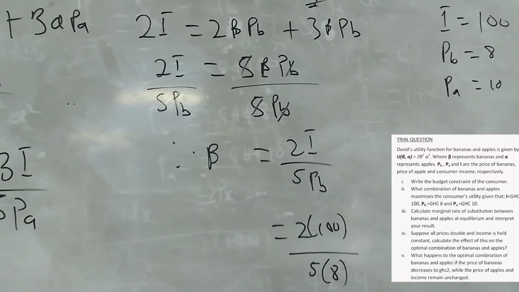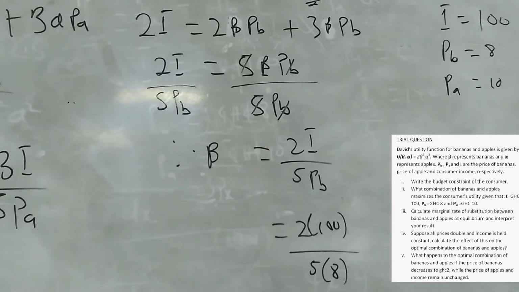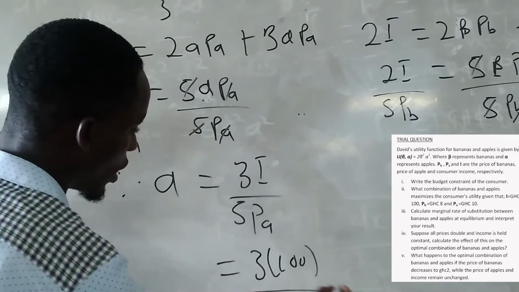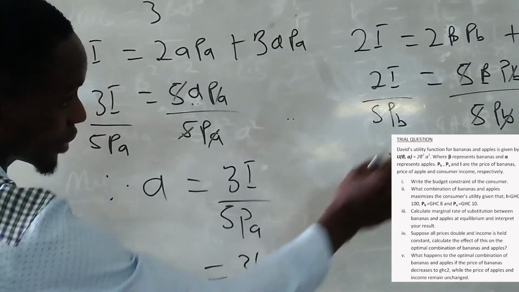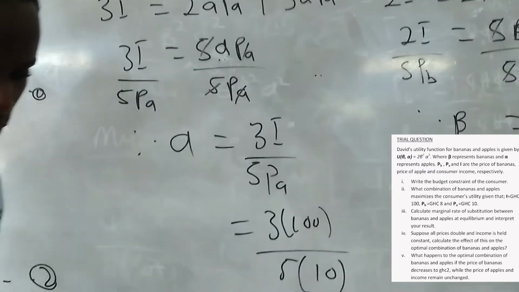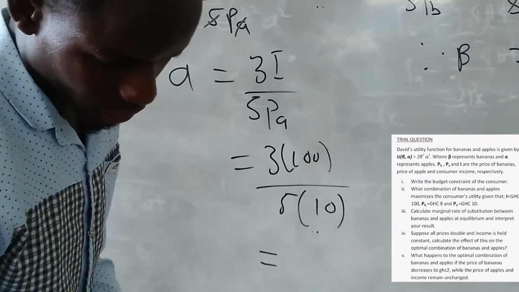So I have 2 alpha, price of alpha, 3 multiplying this, and I'll get 3 alpha, price of alpha. They are the same.